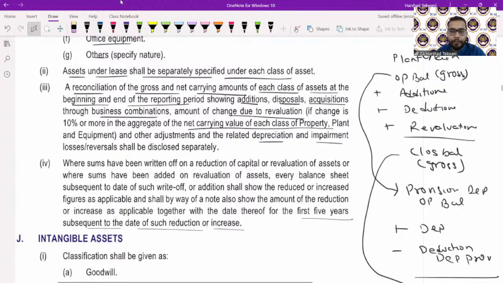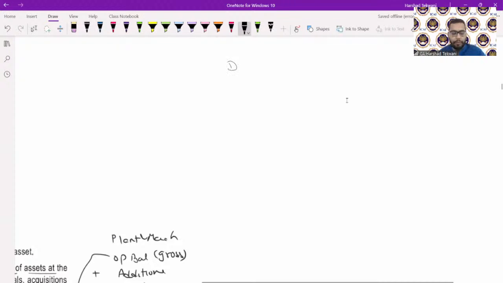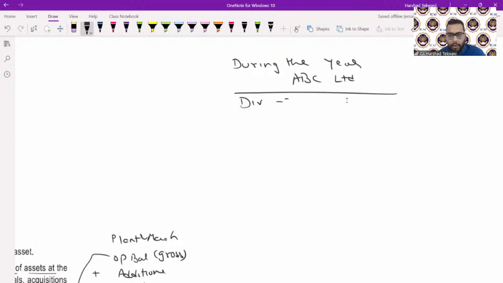Let's say, for example, during the year, ABC Limited, to which Division 1 was applicable, was preparing its balance sheet or financial statement.